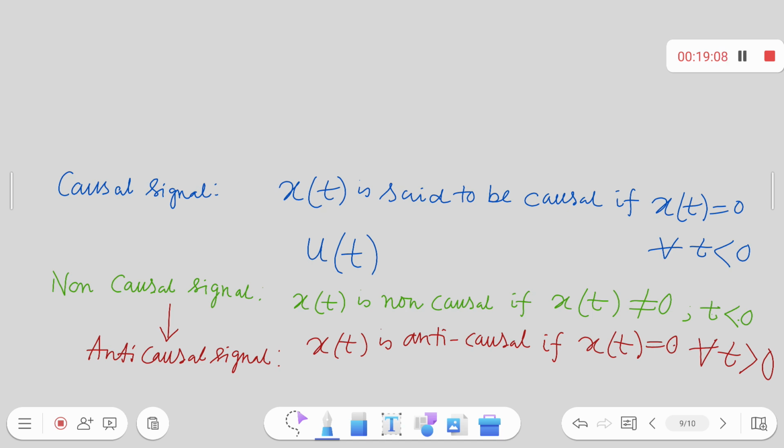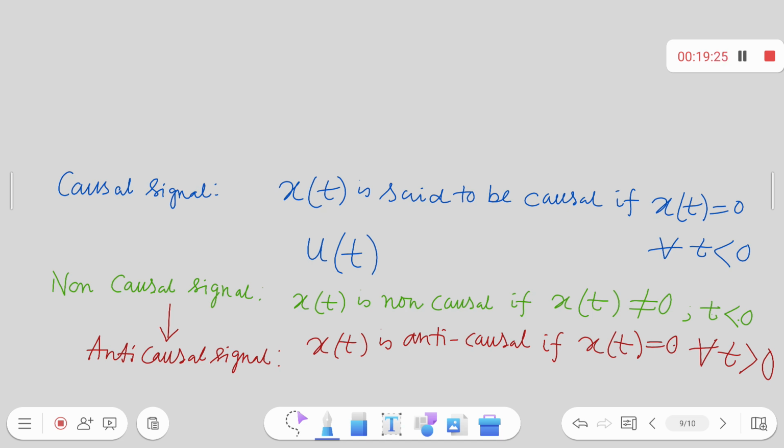Any doubt? So causal signal means for all t less than 0, x is 0. Anti-causal is just the opposite: for all t greater than 0, x is equal to 0.